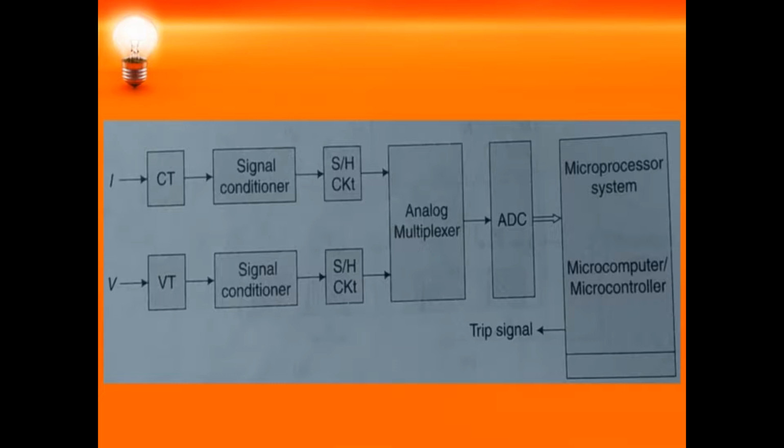Here definite time or any type of time current characteristics can be obtained in this particular relay. If the delay time is a fixed one, then the relay will act as a definite time relay. The second method is where a number of AC signals are sampled for one complete cycle or half a cycle, and from these samples we calculate the RMS value.